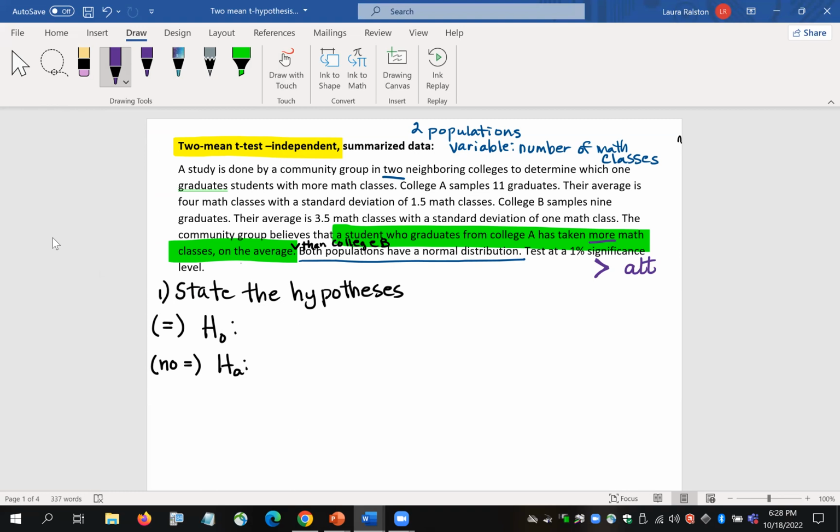Now we have to write it a little bit differently. We have to say that the mean for college A is greater than the mean for college B. And honestly, that's what that statement that I've highlighted in green is saying, that the mean number of classes taken by students at college A is more than those at college B. So this is the given.